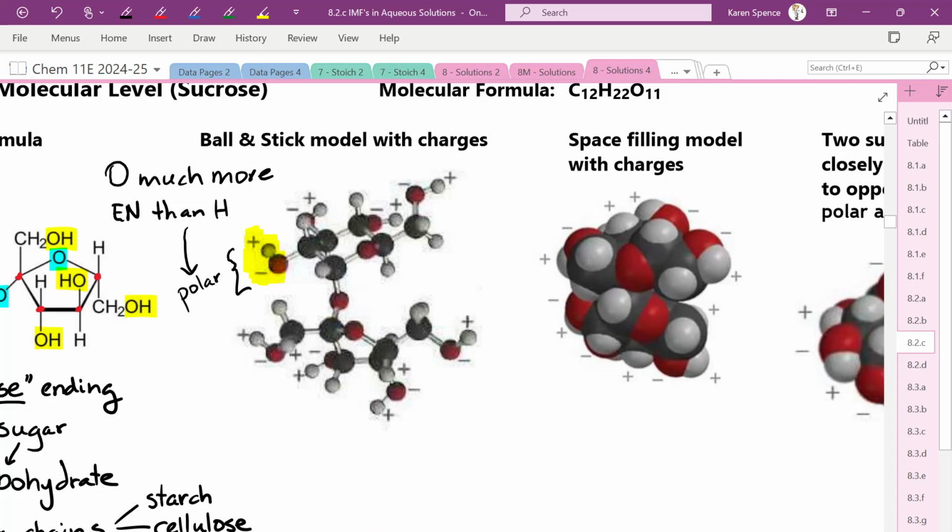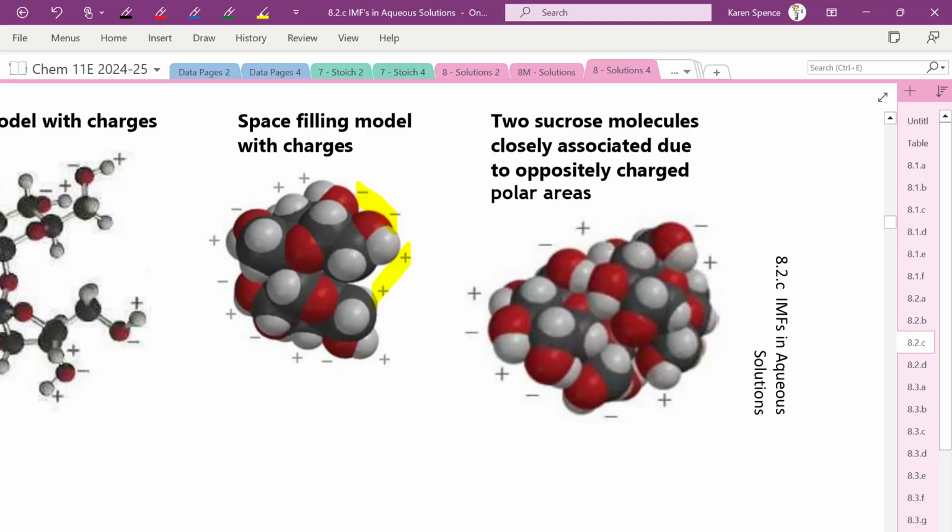And if you were to take two of those, they would slot in beside each other. We might have these two negatives on one molecule interacting with these two positives on another molecule, and they come together kind of like that. The positives stick to the negatives.